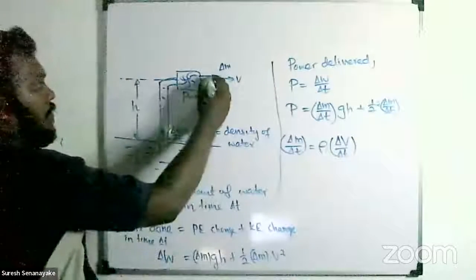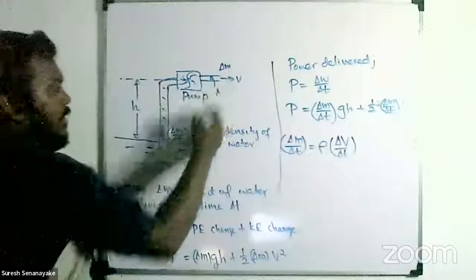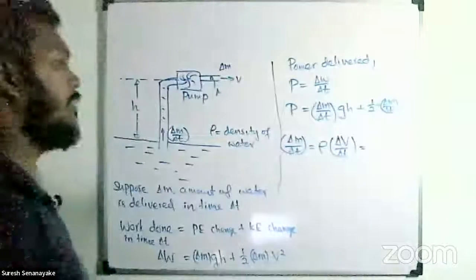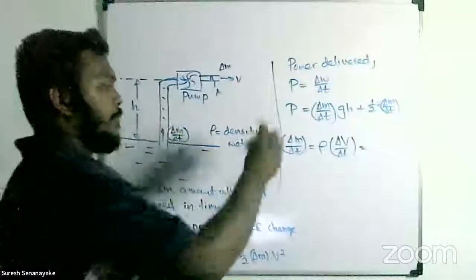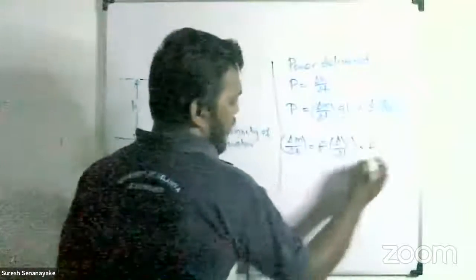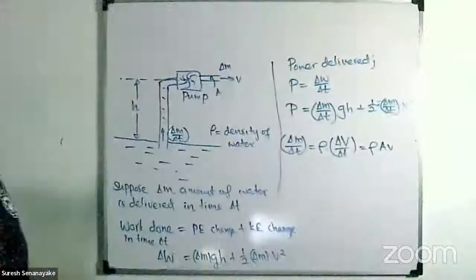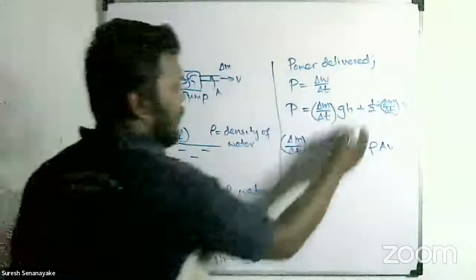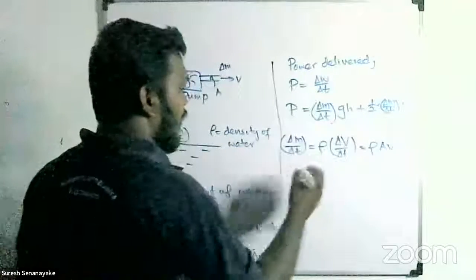If the cross section is A, you can write this under momentum conservation when the liquid jet applies force on the wall. Remember, delta V over delta t is A v. That's the cross sectional area of the tube multiplied by the velocity, right?